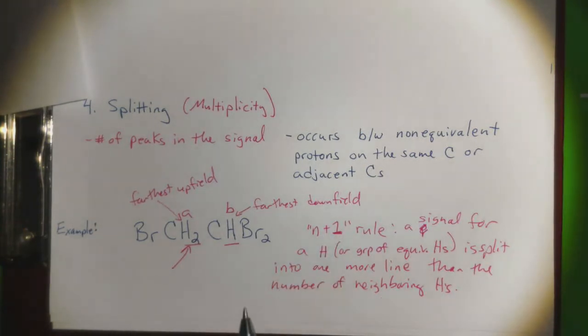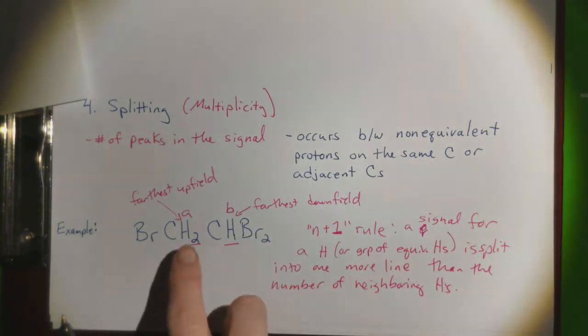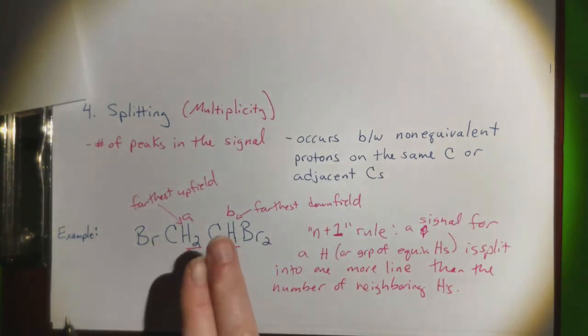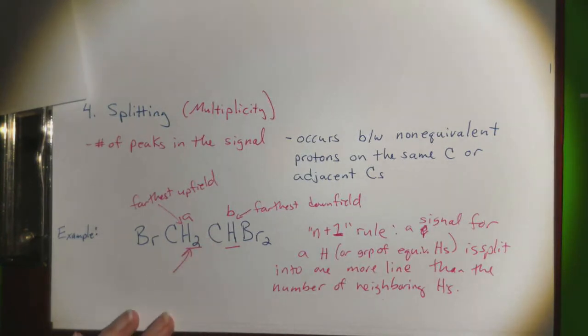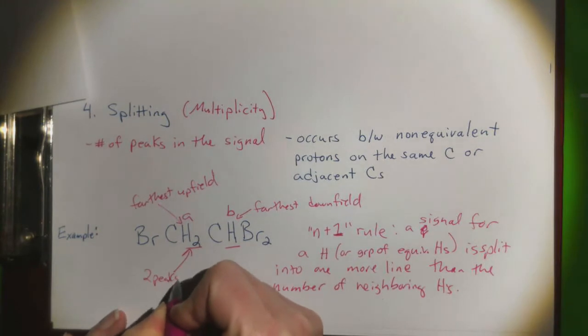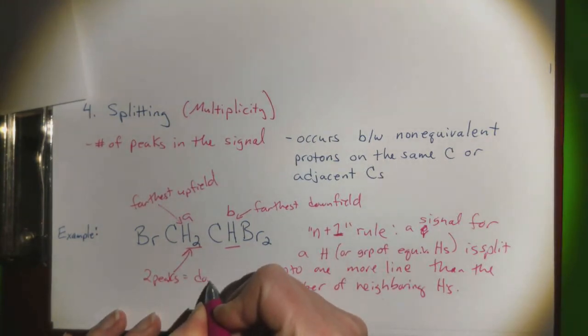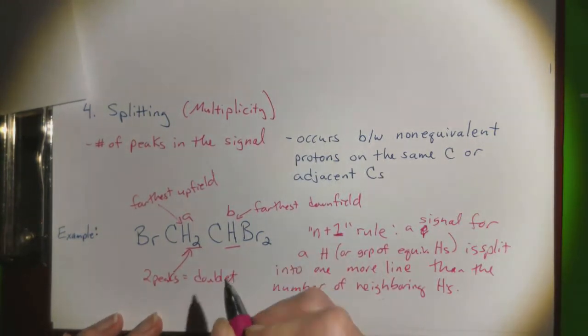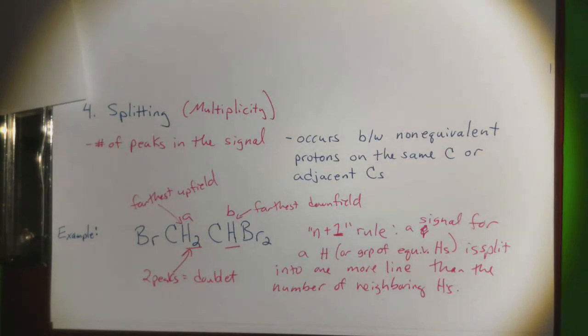Then we add 1 to it, so 1 plus 1 is 2. We expect to get 2 lines in this signal. 2 lines in a signal is referred to as a doublet. So I'm going to say here 2 peaks equals a doublet. And I'll show you what that looks like in a minute.